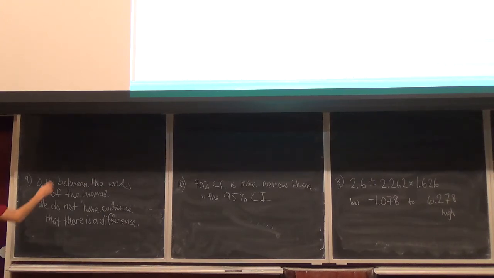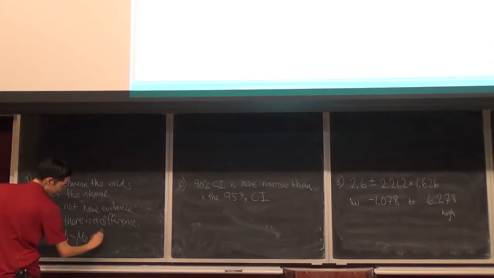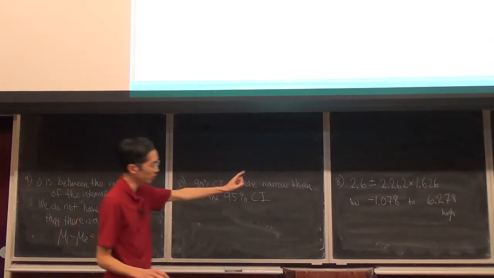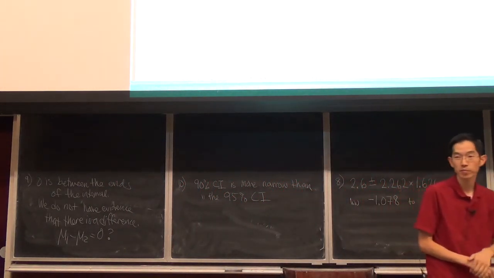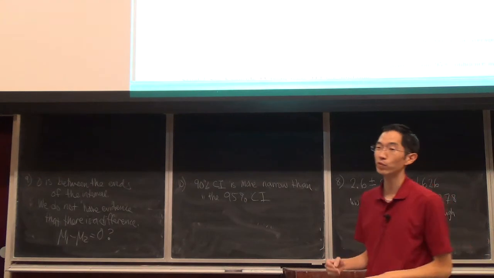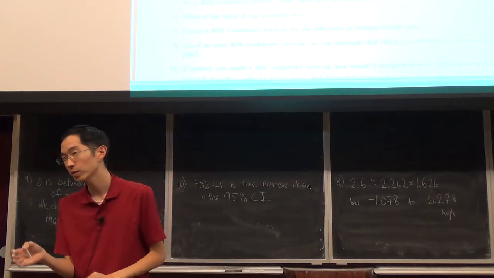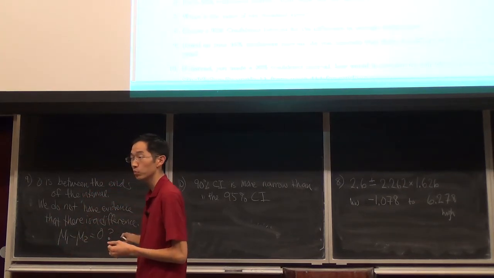We want to know, could the quantity mu1 minus mu2 be equal to 0? Well, when we look at our interval, it goes from -1 to +6. 0 is in between -1 and +6, which means 0 is a plausible value for the difference of mu1 minus mu2.